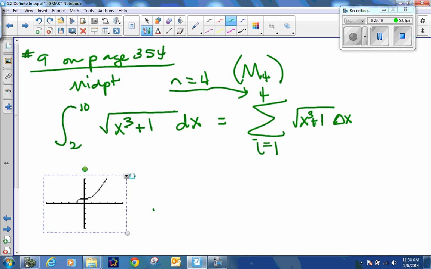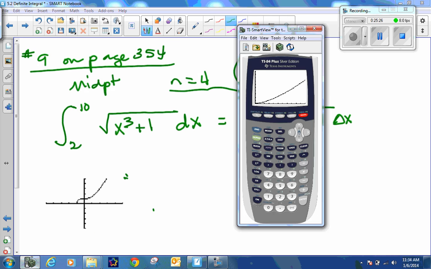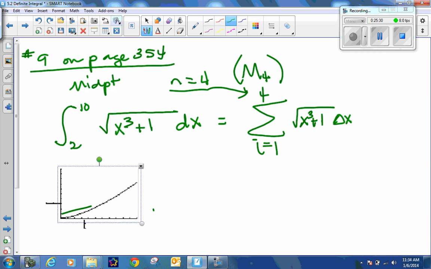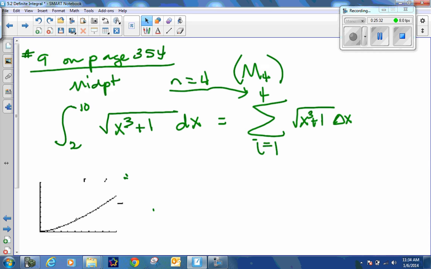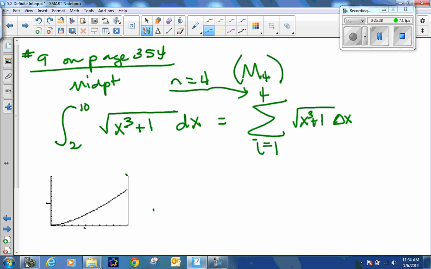Okay, perfect. This thing's persnickety here. All right, so we're going to use this one. Here's 2, and here's 10. Okay, so we're looking at that. That's what that means, this area under here.